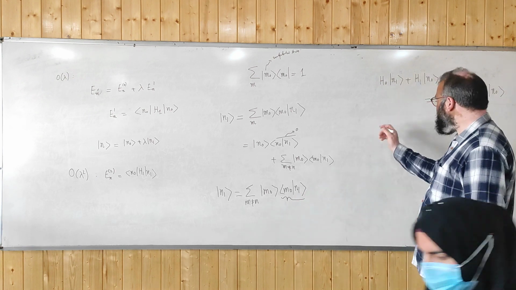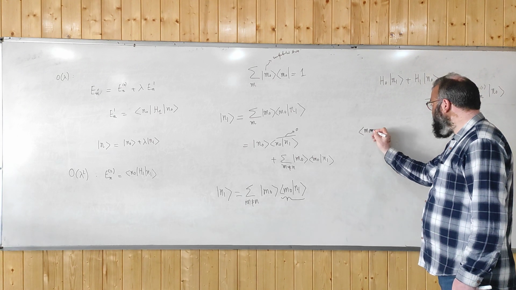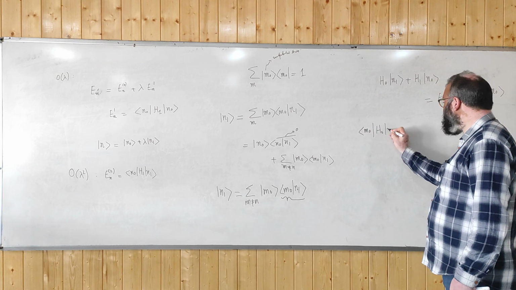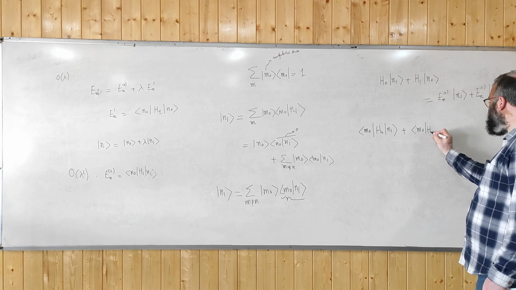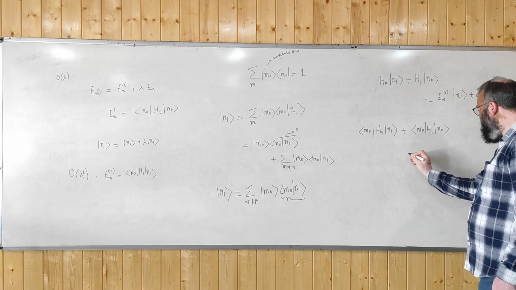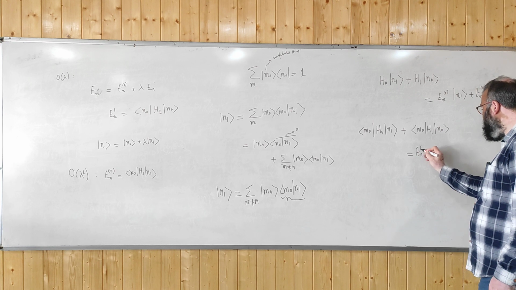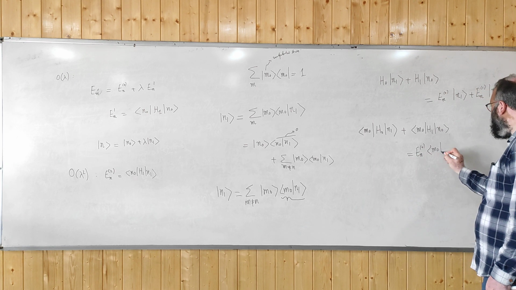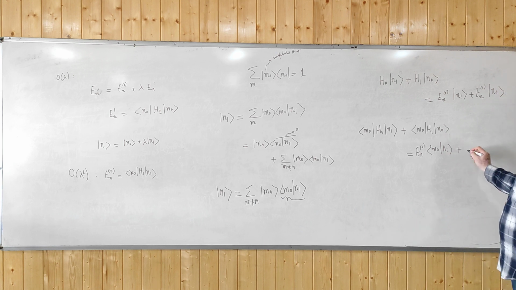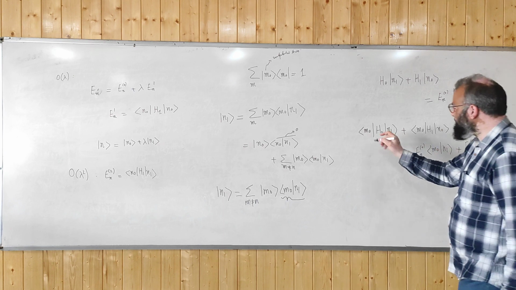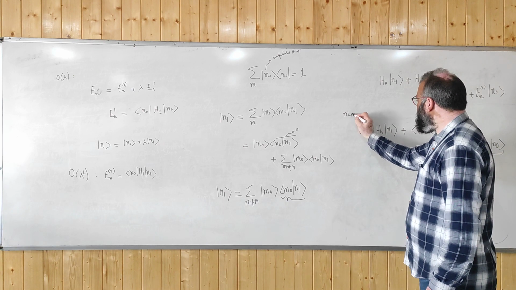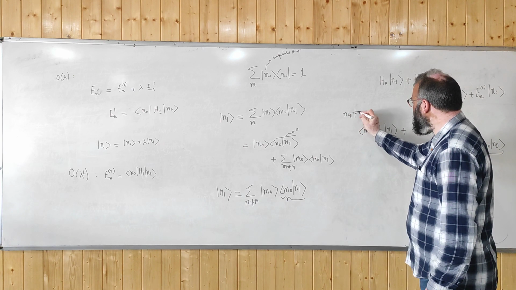So I have M0 H0 N1 plus M0 H1 N0, which equals En0 M0 N1 plus En1 M0 N0. Now, M is not equal to N here.